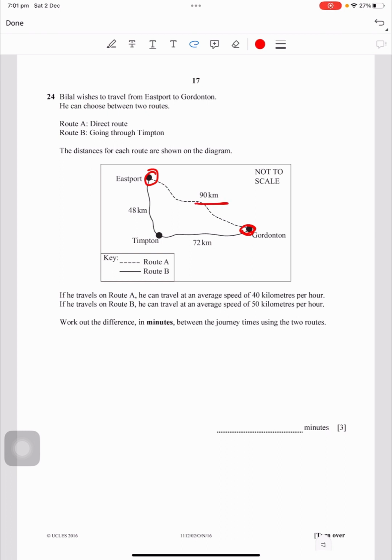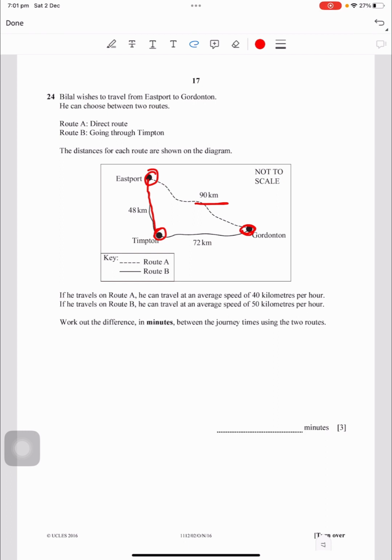If he travels on route A, he can travel at an average speed of 40 kilometers per hour. If he travels on route B, he can travel at an average speed of 50 kilometers per hour. Work out the difference in minutes between the journey time using the two routes.